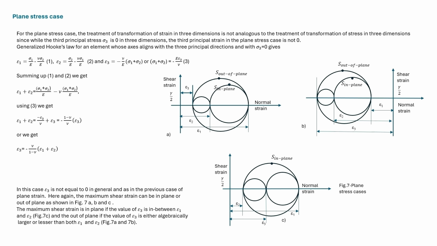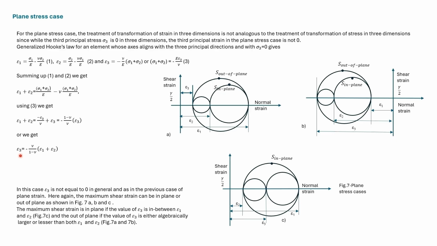For the plane stress case as well, the maximum in-plane shear strain may not be the maximum overall shear strain. This is the case if epsilon 3 calculated is either less than both epsilon 1 and epsilon 2 or more than both epsilon 1 and epsilon 2.